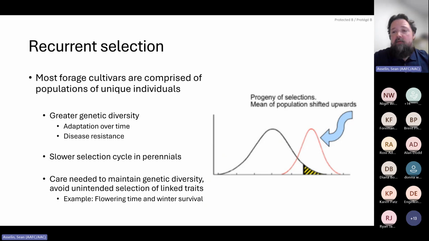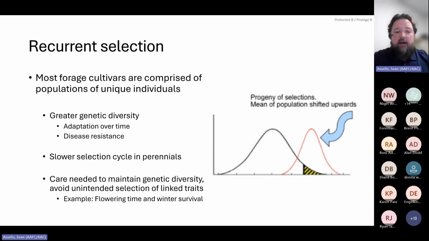But care is needed whenever we're making selections to make sure that we aren't selecting too strongly, because this can have a negative impact on genetic diversity. Sometimes there are unintended consequences of making selections, and a classical example would be flowering time. Flowering time is a major life history event within plants, and it has downstream effects on things like timing of plant dormancy and timing of plant emergence.